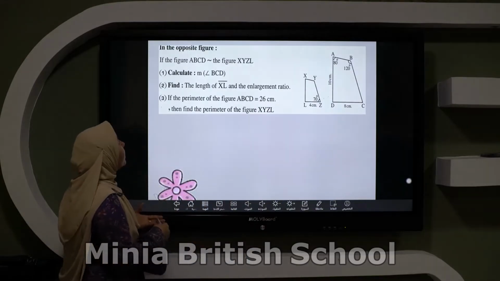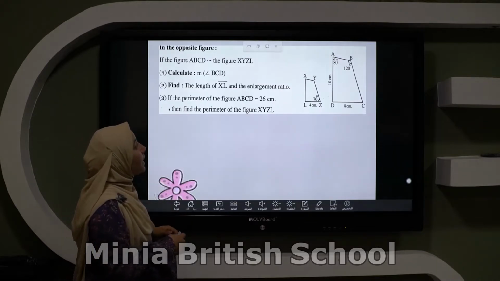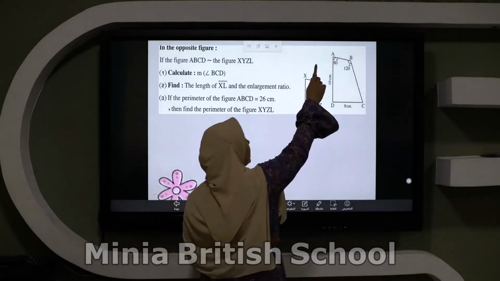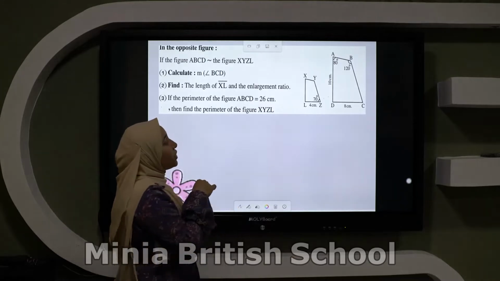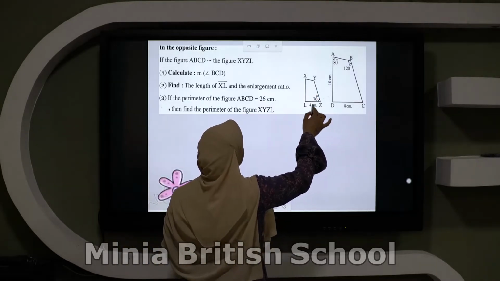Now, for the example, in the opposite figure, ABCD is similar to the figure XYZL.